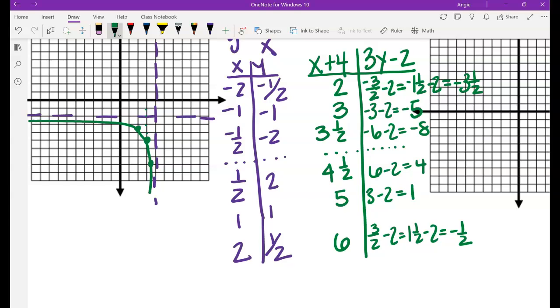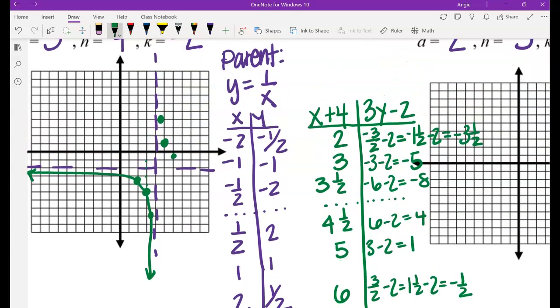Just don't touch the asymptote because those are what x and y cannot be. Just like that. Okay. Then the right side, 4.5, go up 4, 5, go to 1, and then 6, go to negative half, just like that. So now get super close to the asymptotes, but don't touch the asymptote. Make your points really well known, just like that.